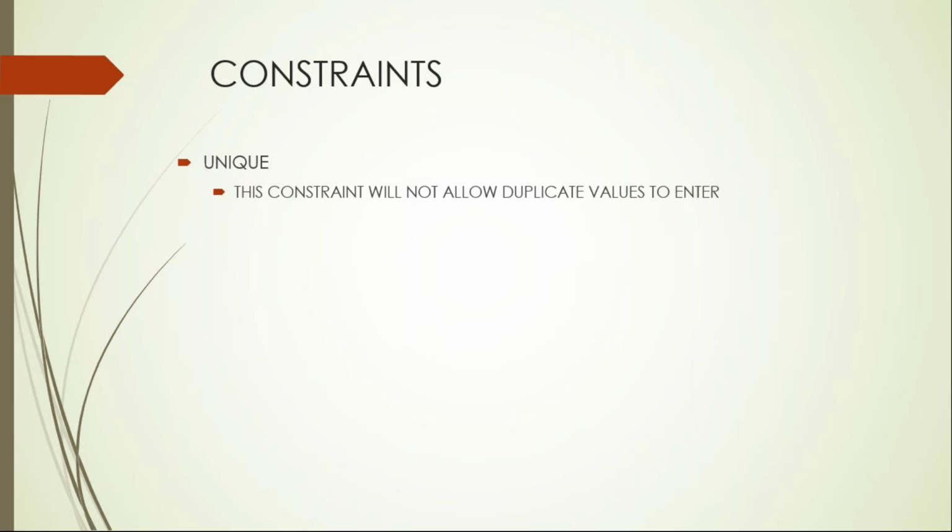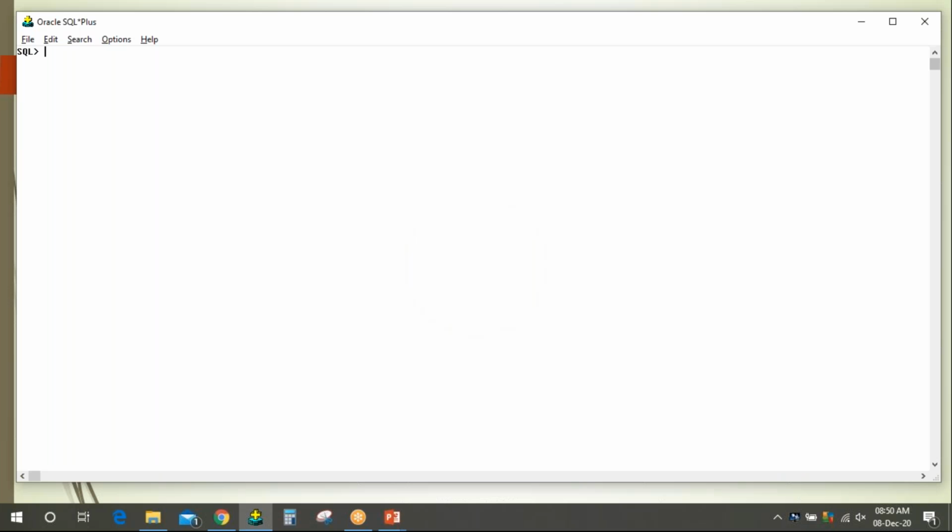Yes, so we'll talk on unique. There are two ways of giving the constraint. One, at the time of creation of the table. The second, on the existing table. So let's go step by step. We'll see how we can give it at the time of creating the table.